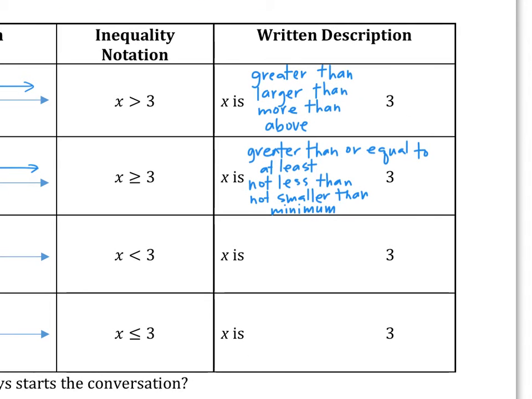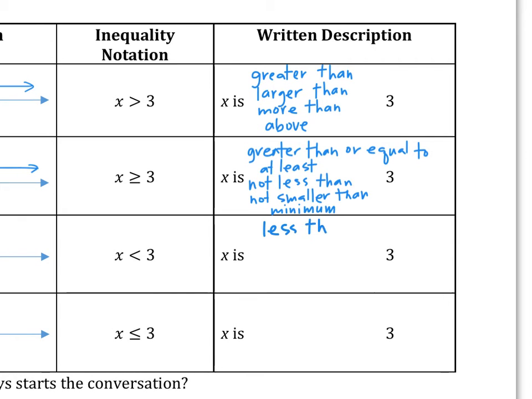Okay, now we're going to look at the less than and less than or equal to. So in that same way, but the previous two examples were all greater than. Now we're going to switch to the other direction. So think of the opposite word of all these that we just talked about. So for example, the first one, greater than. What's the opposite phrase of greater than? So less than.